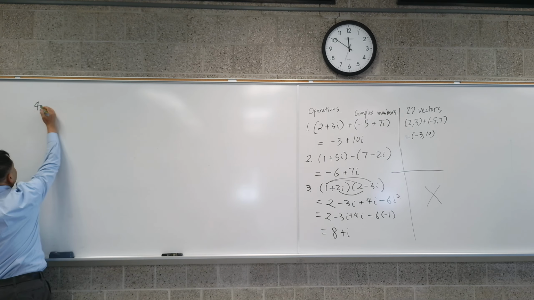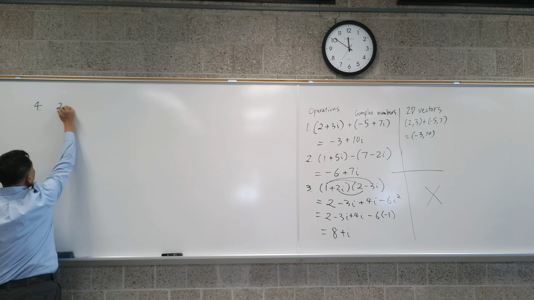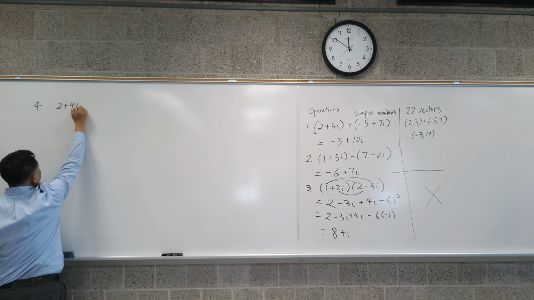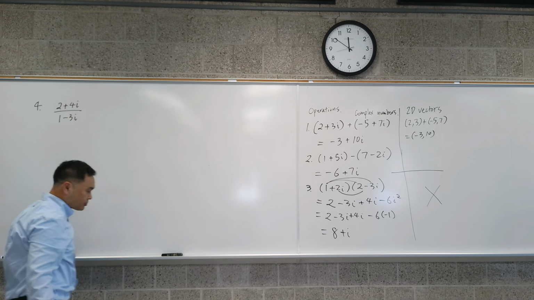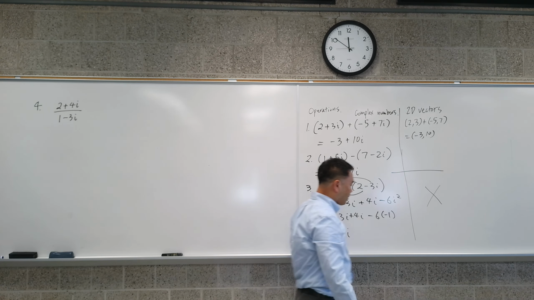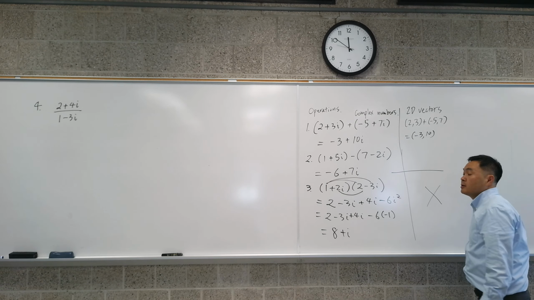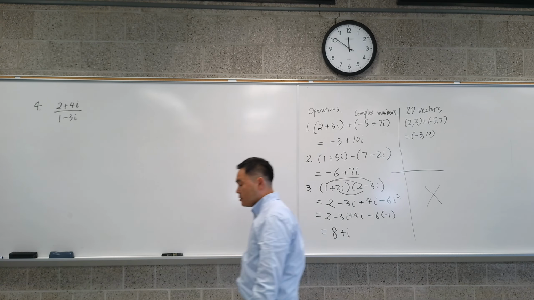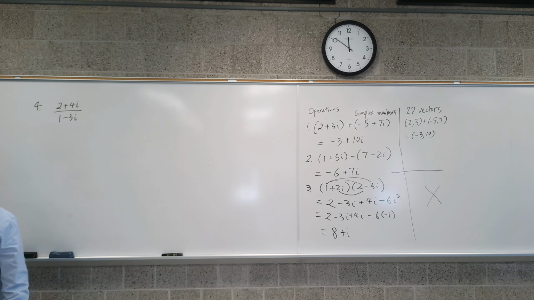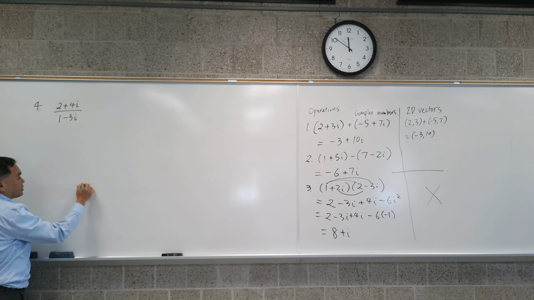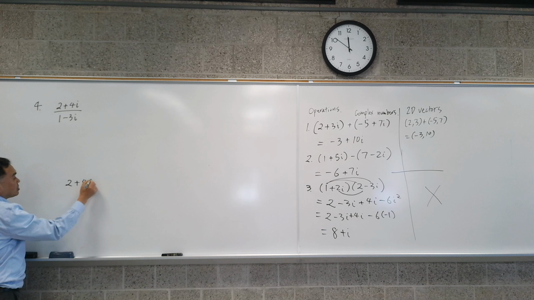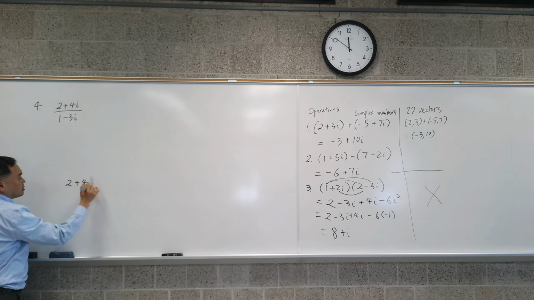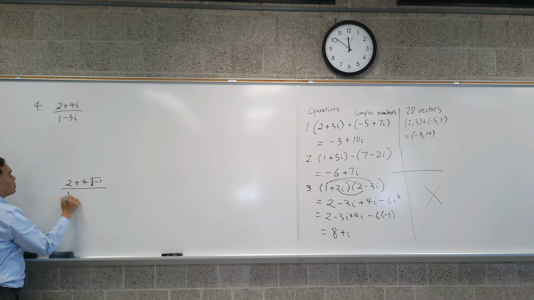Or you can divide 2 plus 4i divided by 1 minus 3i. But if you recall that I is square root of -1, what you're seeing over here is really this, right?